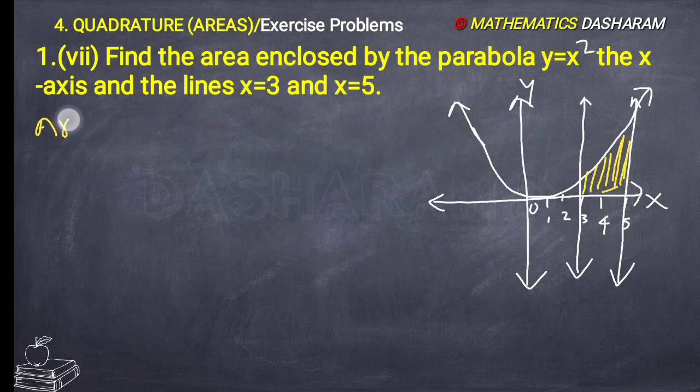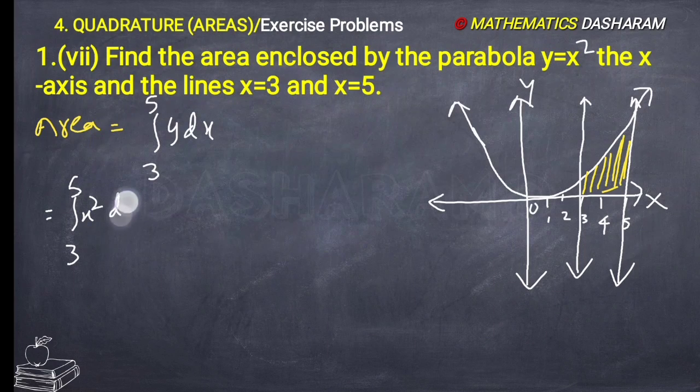So area is equal to integration 3 to 5 y dx. So integration 3 to 5, y value is how much? x square dx. So the integration of x square is x cube by 3, from 3 to 5.